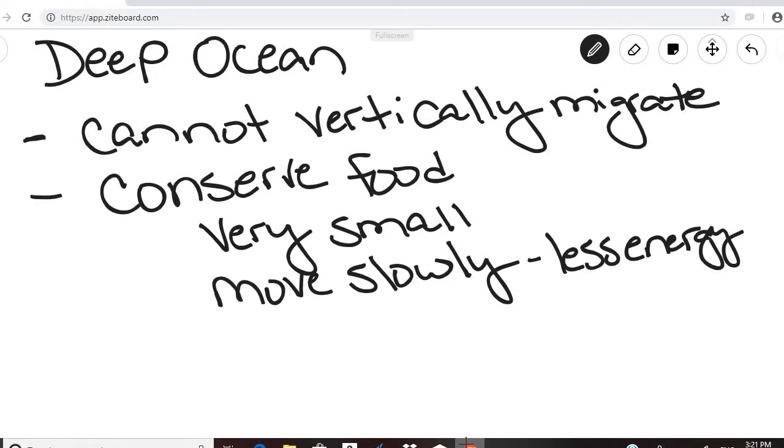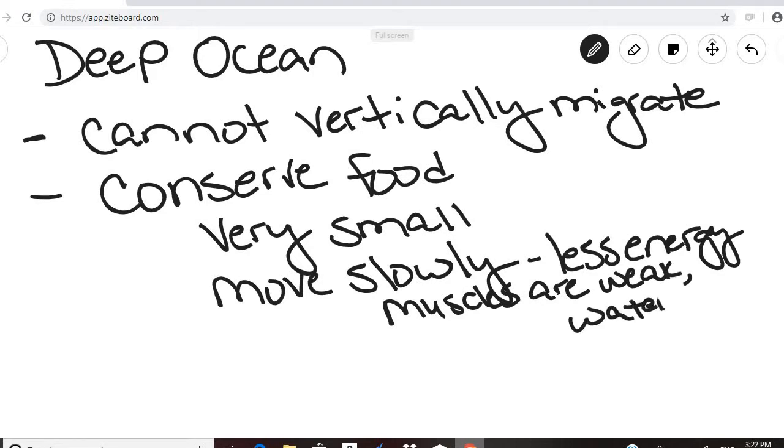The muscles tend to be kind of watery and weak. So that also would mean that they would use less energy. If you're not getting much food, you need to conserve energy as much as possible.